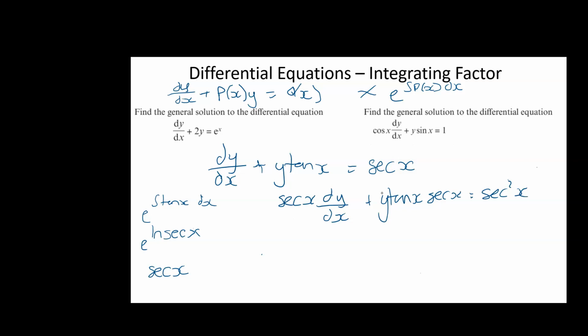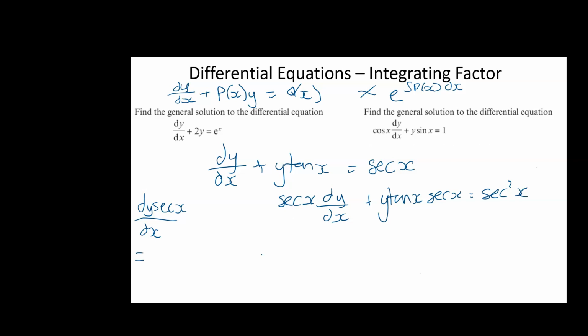And let's just check that this works. So if we get rid of this side, this should be d by dx of y sec x. I'll put the y first so you don't think that it's inside the sec.